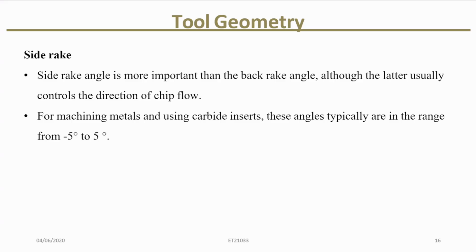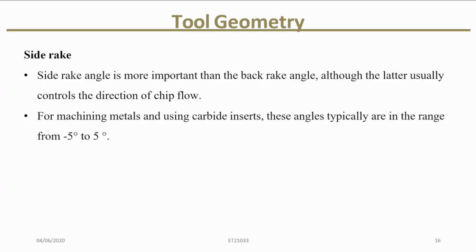For machining metal, so yeah, is that mean? Yeah, the side rake. When we compare the side rake and the back rake, the side rake has the bigger effect on chip thickness and flow, and the back rake is still chip direction.